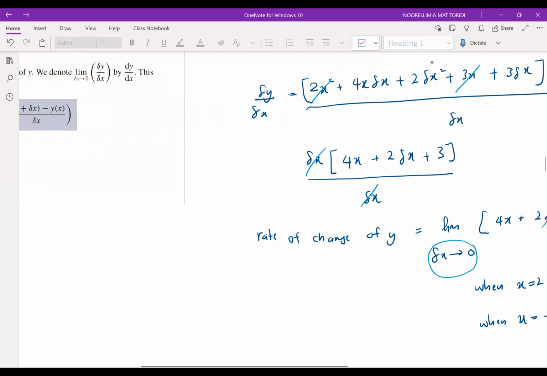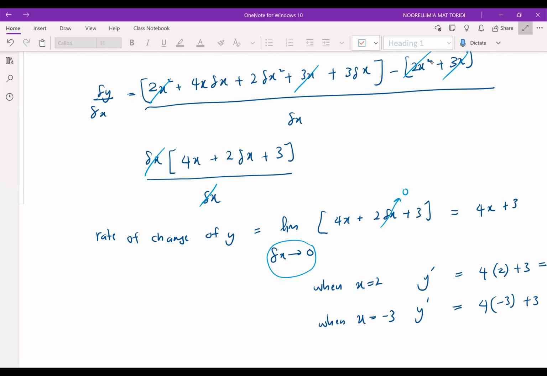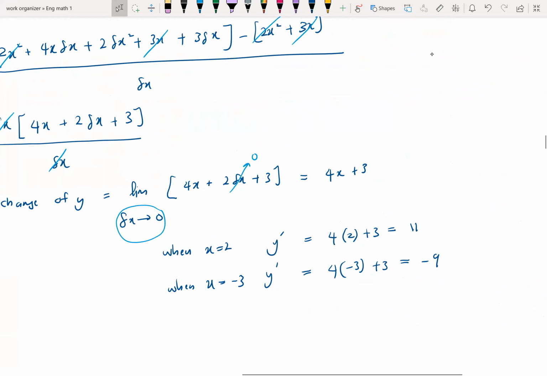Before this, we stopped right here. We have the rate of change of y: when x is 2, the rate of change of y is equal to 11, so this one is positive.